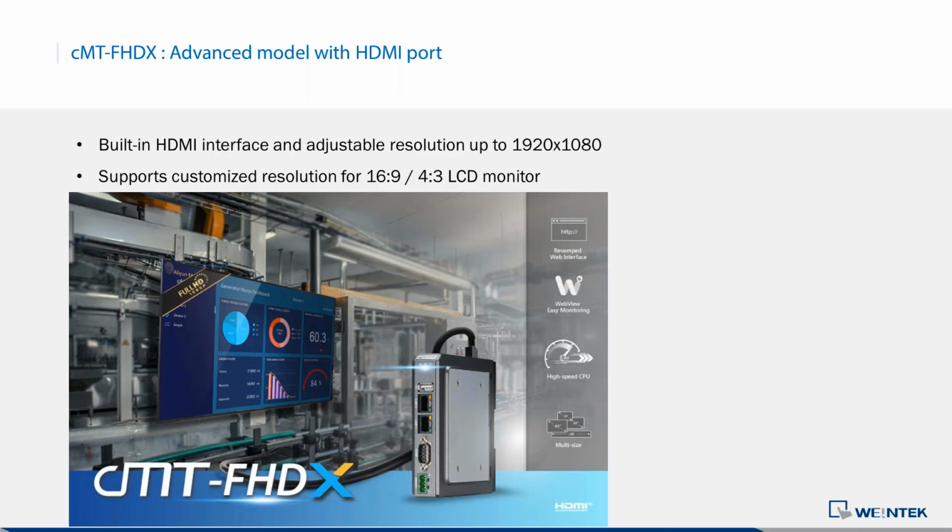It supports customized resolution for the LCD monitor from 16 to 9 or 4 to 3. So you can use this HDMI interface to connect with a projector, right? So this is our cMT FHDX here.